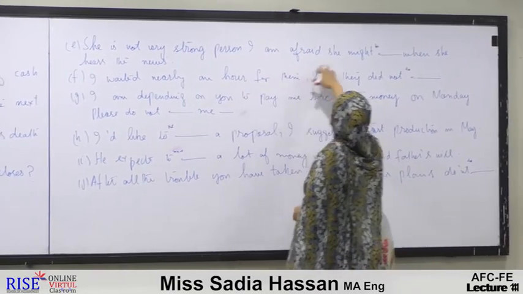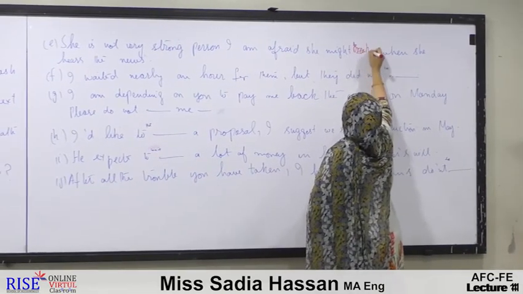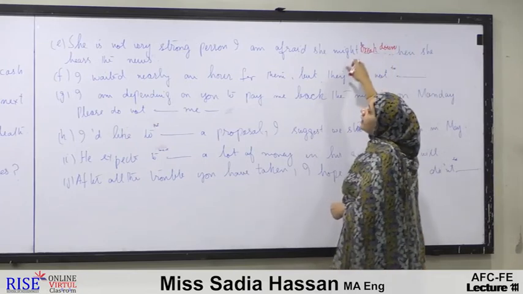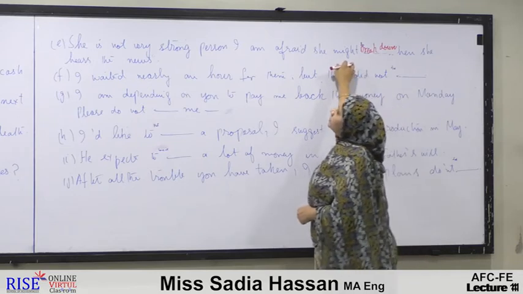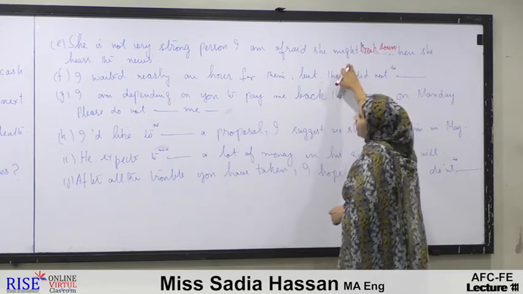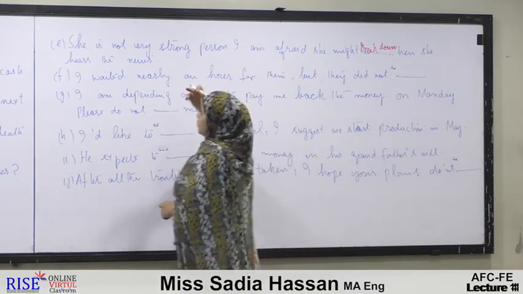I am afraid she might break down. She might collapse. She might not be able to hear the news. Fine. She is not a very strong person. I am afraid she might break down when she hears the news.